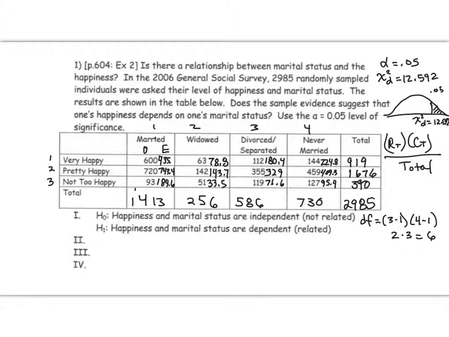Okay, the next thing I need to do is I need to enter in matrix A all of the observed values, and matrix B, I need to enter all of the expected values. So you're going to go back into the matrices and you're going to do second matrix, which is x to the minus 1 after you hit second.